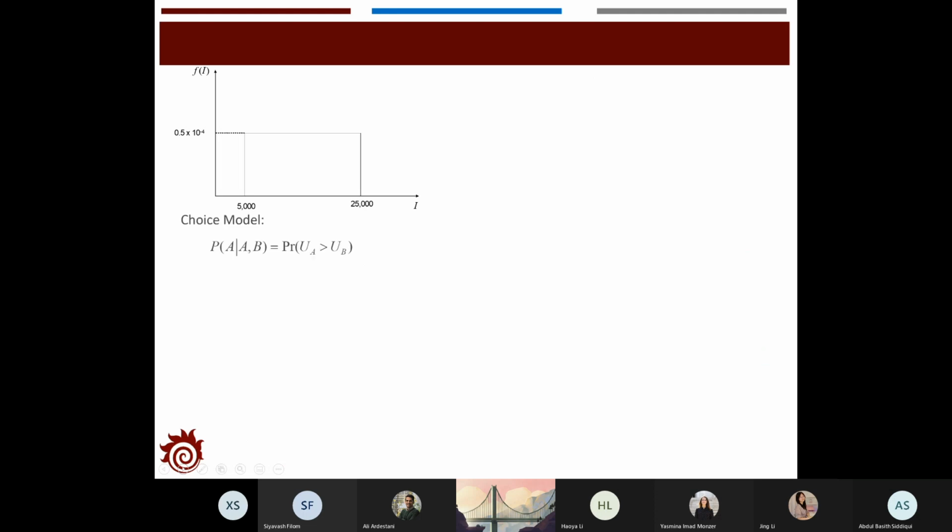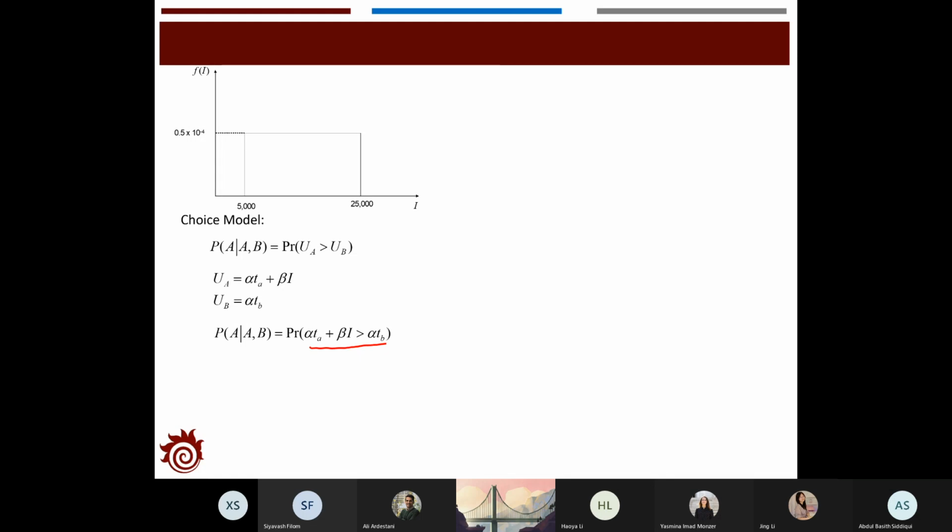For choosing mode A, that is the probability of UA higher than UB. We know the expression of UA is alpha TA plus beta I, and UB is alpha TB. In that sense, we can write down the expression of the probability to choose mode A: alpha TA plus beta I higher than alpha TB.